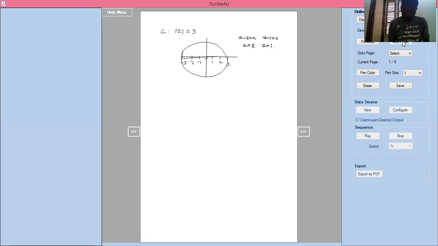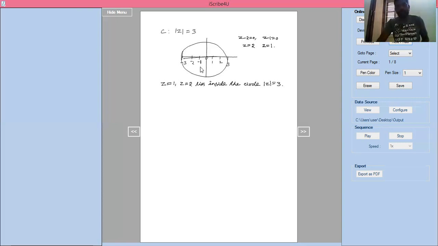If you take the points, this is 1 and this is 2. The two points z equal to 1 and z equal to 2 lie inside the circle, modulus of z equal to 3. Both points lie inside the circle.